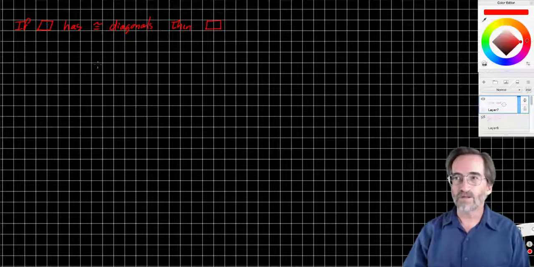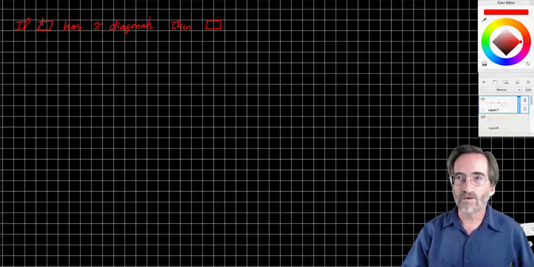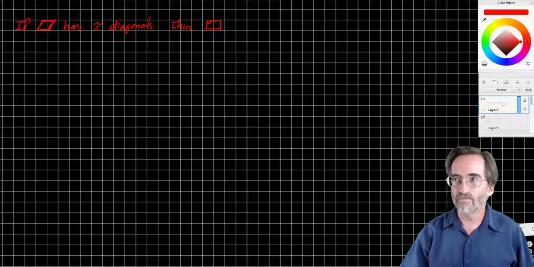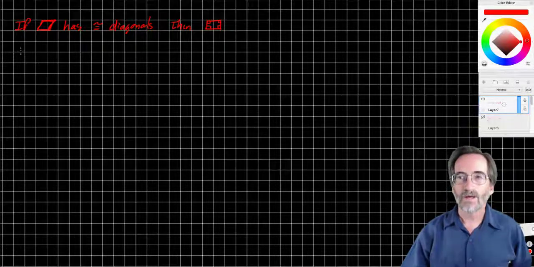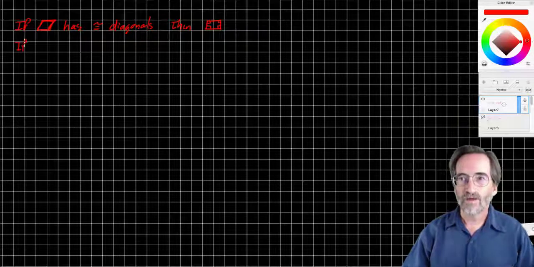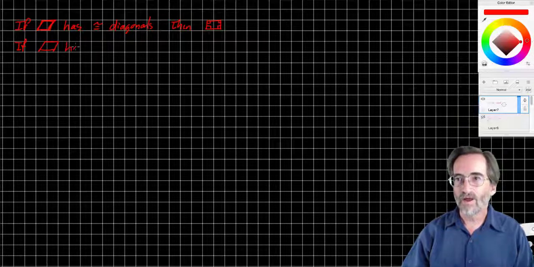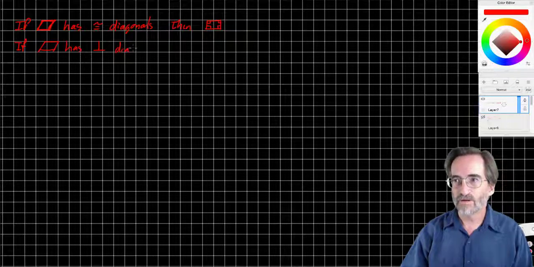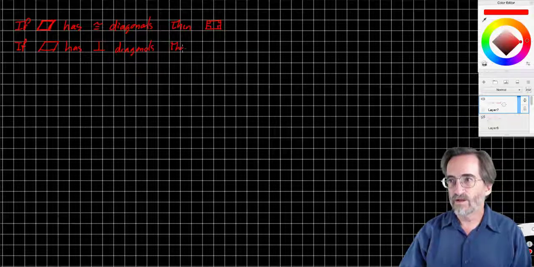If a parallelogram, not a rectangle, has congruent diagonals, then it's a rectangle. It has congruent right angles. If a parallelogram has perpendicular diagonals, then the shape is a rhombus.